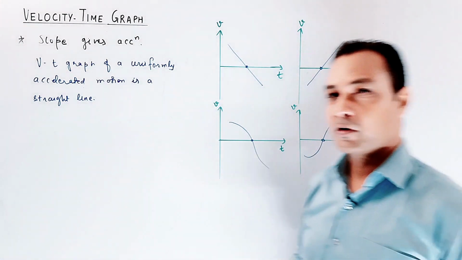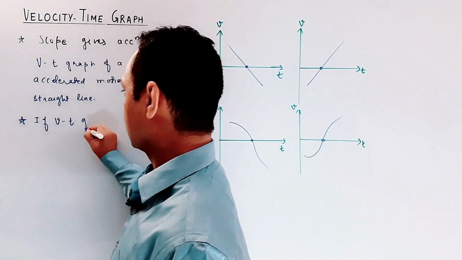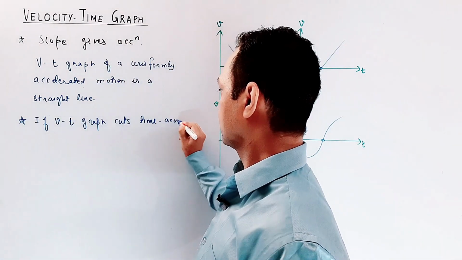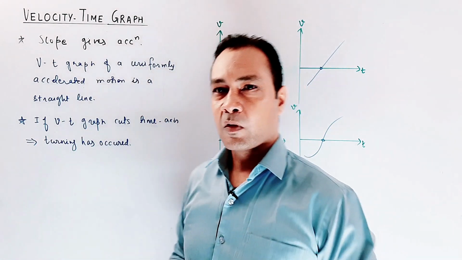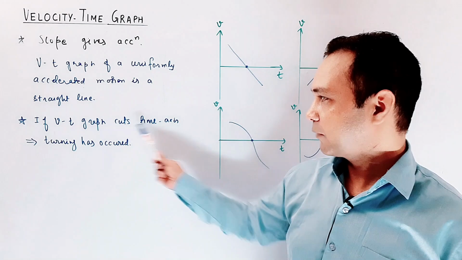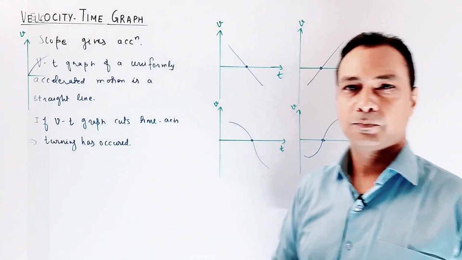So another important thing I can state is that if the velocity time graph cuts the time axis, that would mean that turning has occurred.